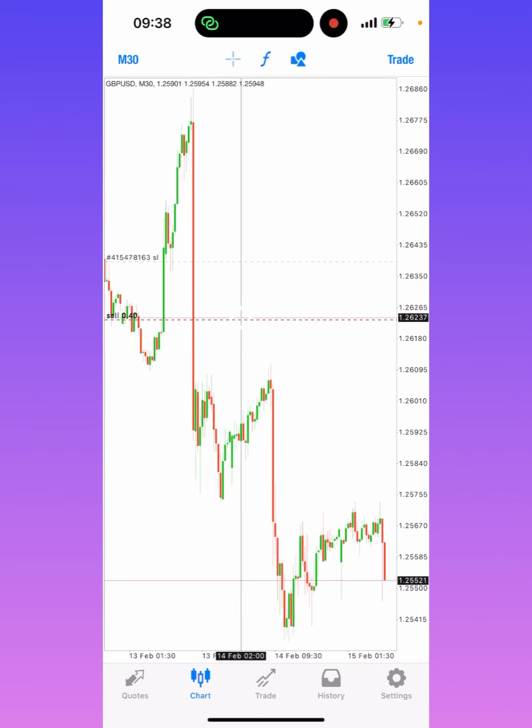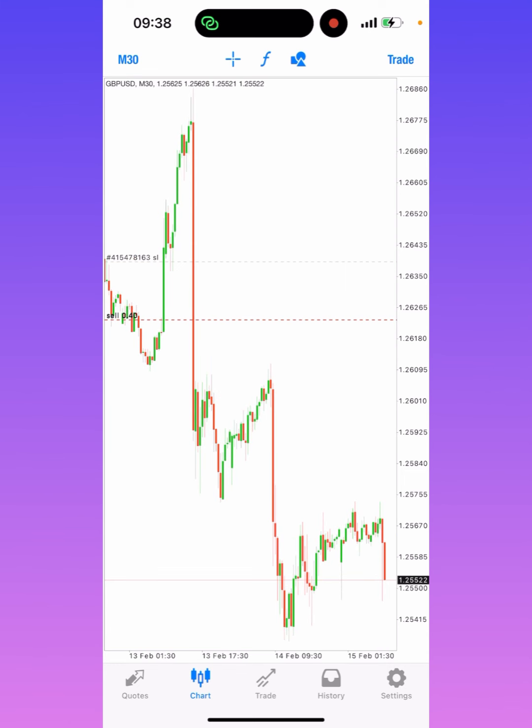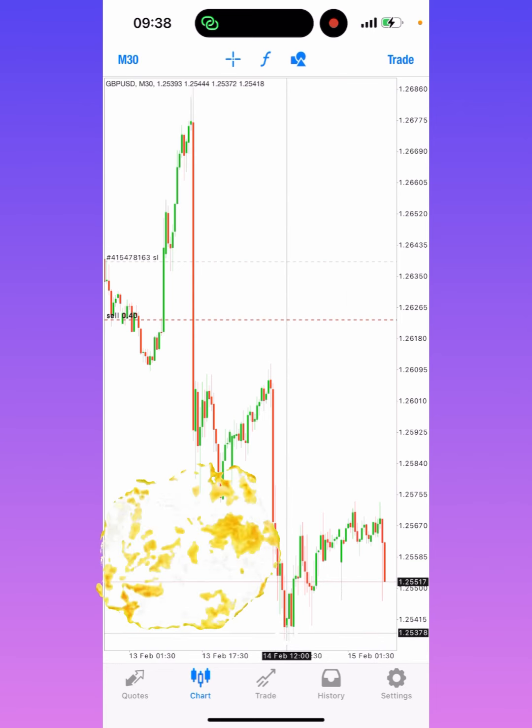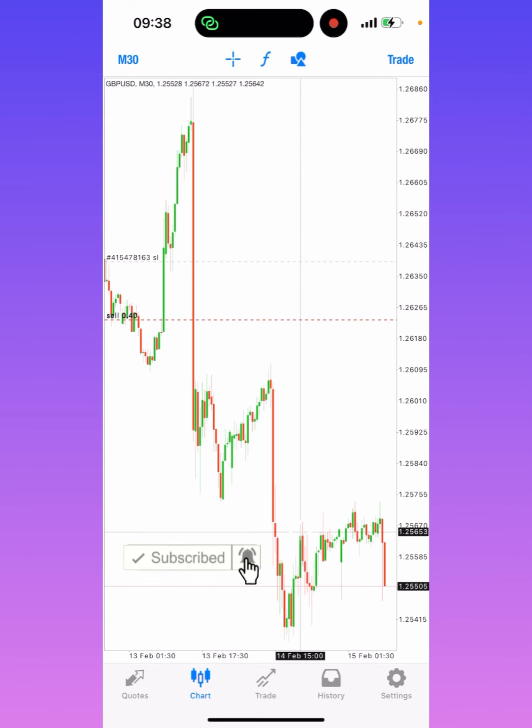But I've been waiting to keep swinging this trade, but right now, guys, it seems like it's about to give some details, because if I look, you can see that the market at this point here gave us a pullback.